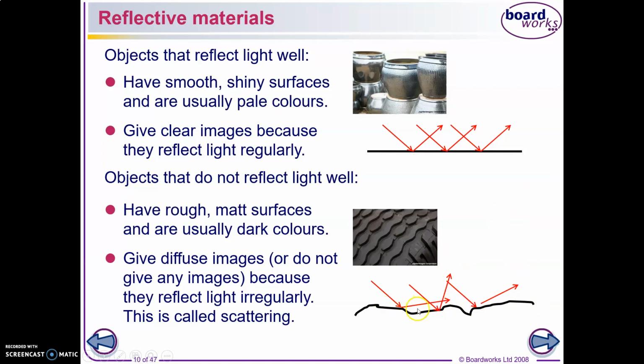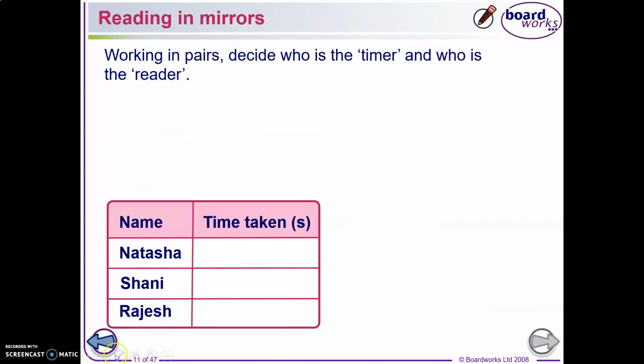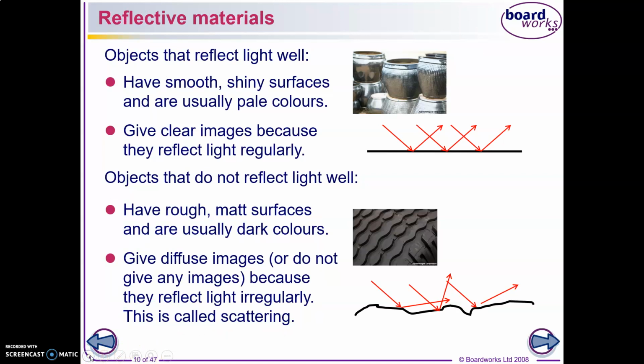Can you see here in this diagram? The light is falling at the same angle and in the same direction, but it's reflected differently, irregularly, not in the same way, and that's why it's called a diffuse image.